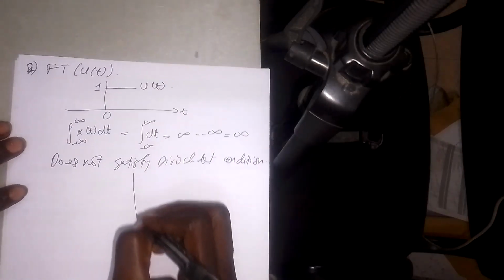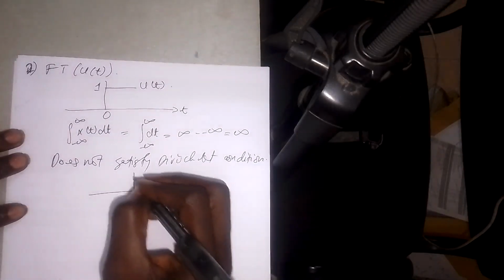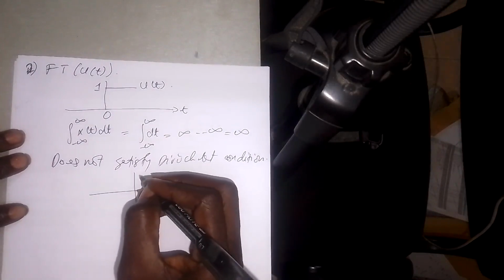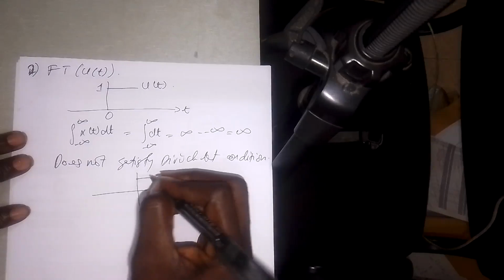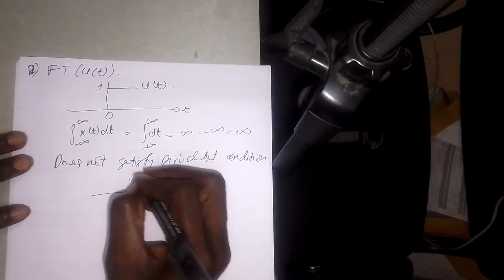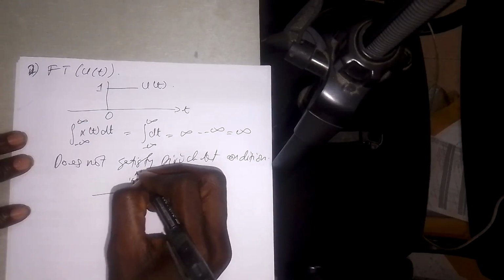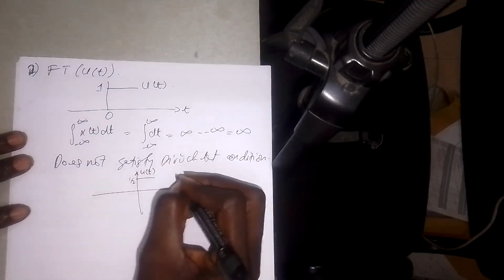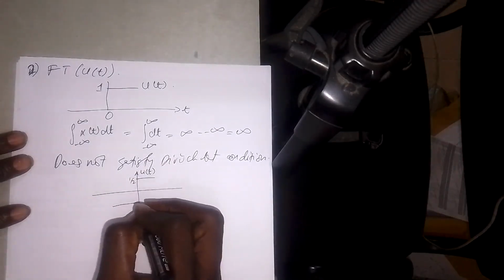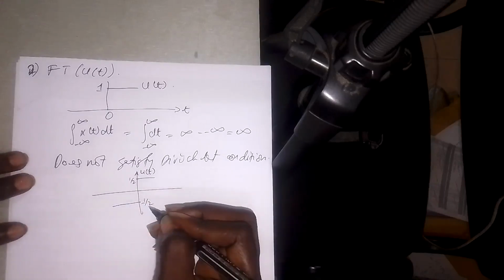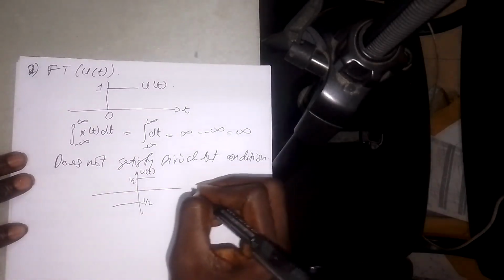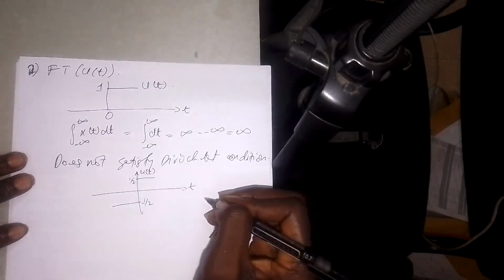So the indirect approach we can use here, we're going to use it this way. I can have this one, which is half, and then u of t, which is half, and then I can have this one also, which is also half, but here is minus t.